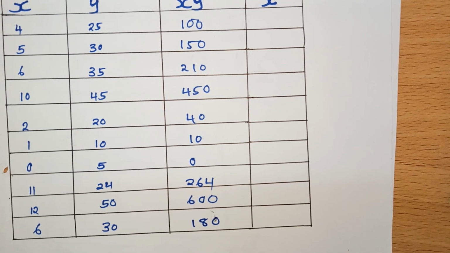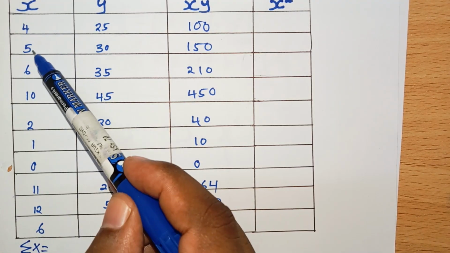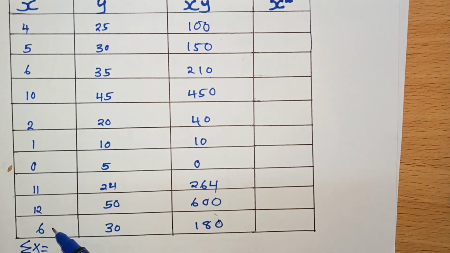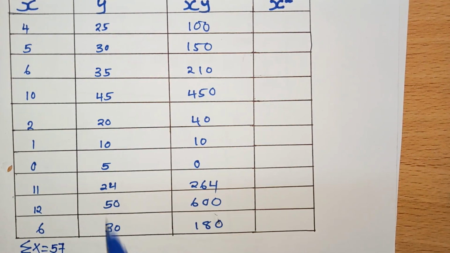And as I told you some few minutes ago, the moment you add all these values on the x column, they are going to give you what you call summation of x. So if you add 4 plus 5 plus 6 all the way to 6, you are going to get 57. And if you add all these values on the y column, they give you summation of y.